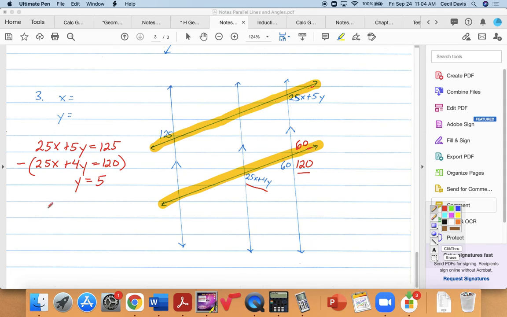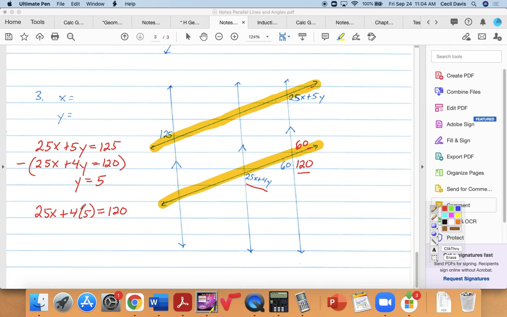Does it matter which one? No. Anyone have a preference? For the one with the 4y. Okay. I think that's a good choice. Why did you pick that one? Because 120 is smaller than 125, and 4 is smaller than 5. Okay, that's fair.